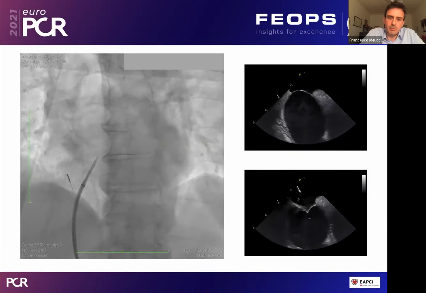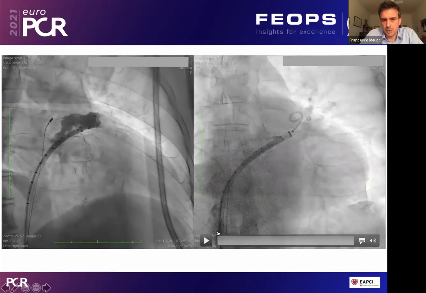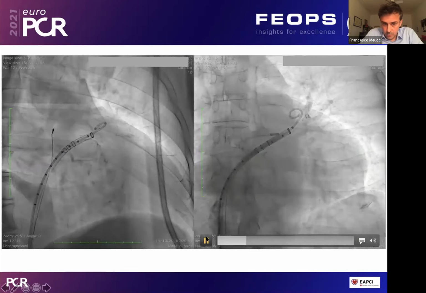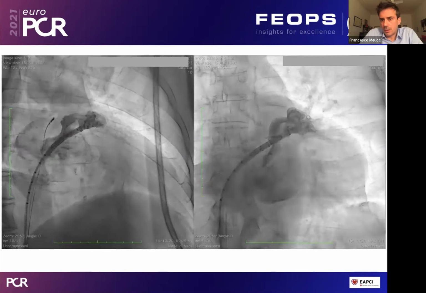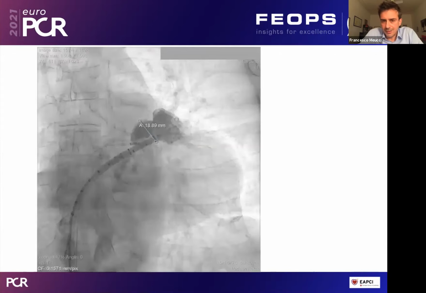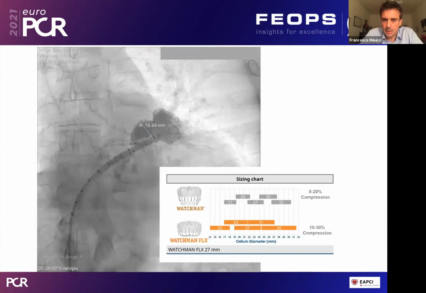So to be sure, we did an angio because the patient had no renal failure, so we did the common 2 angiography, RAO cranial and RAO caudal, and we did again a measure that was around 19. So again, you can have an uncertainty about the sizing, but we stayed on what was our prediction by the software, by FEops company.